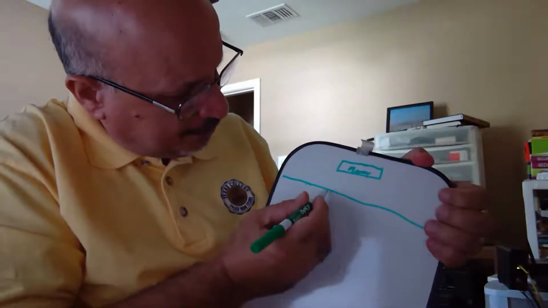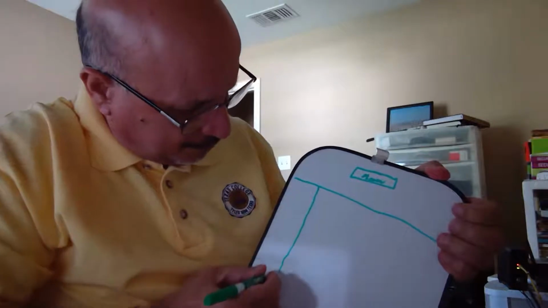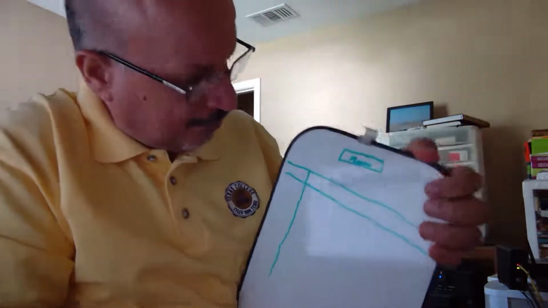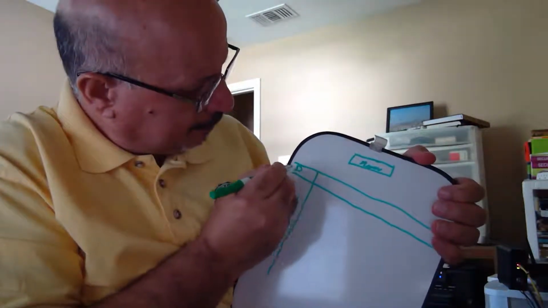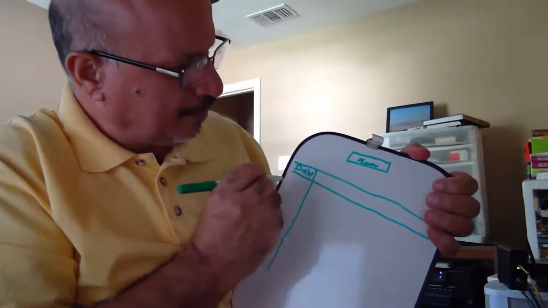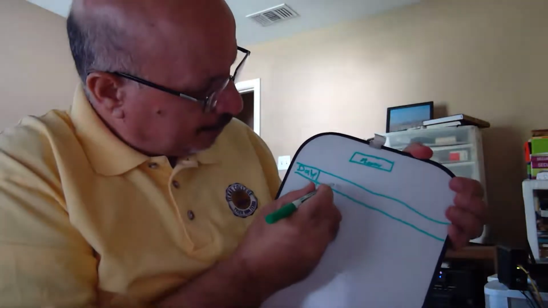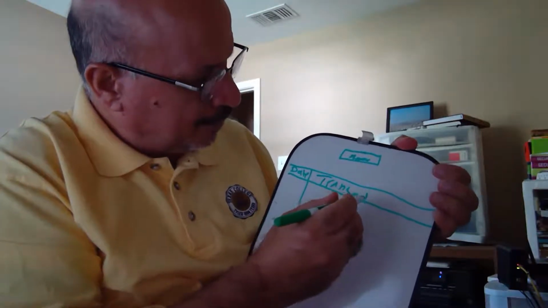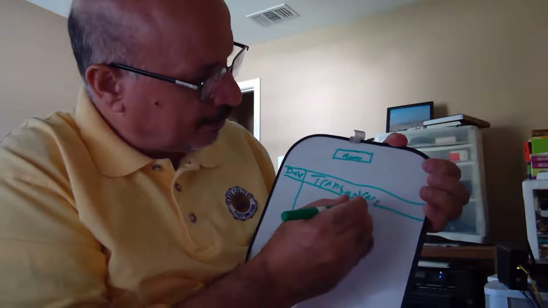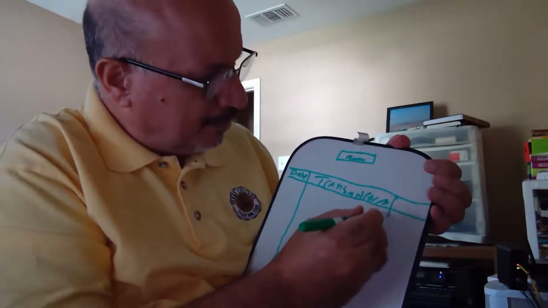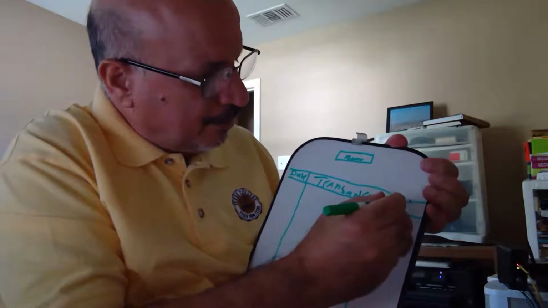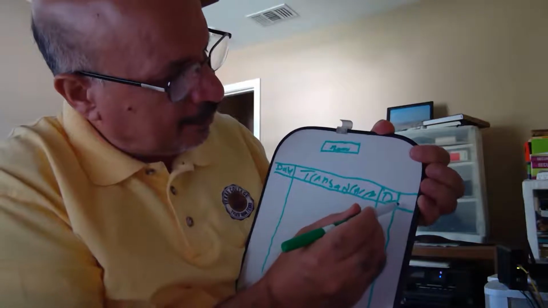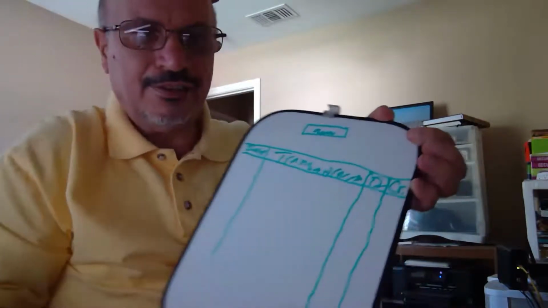Here you have one column for the date, and here you have the transaction or accounts in the middle, and here you have two columns, one debit and one credit.